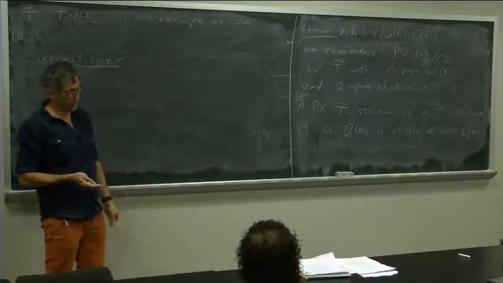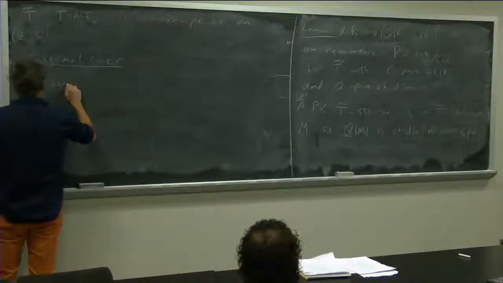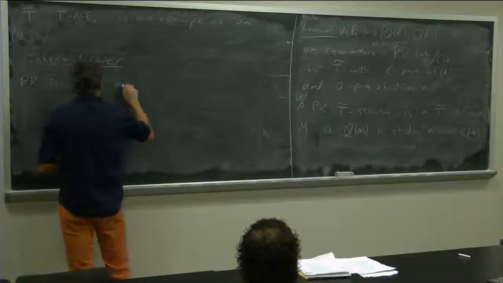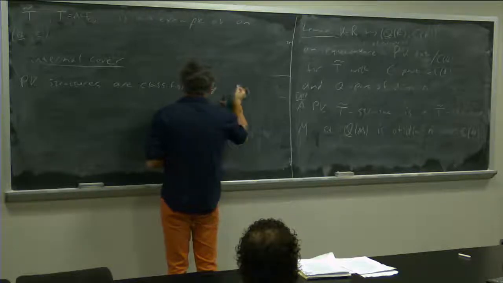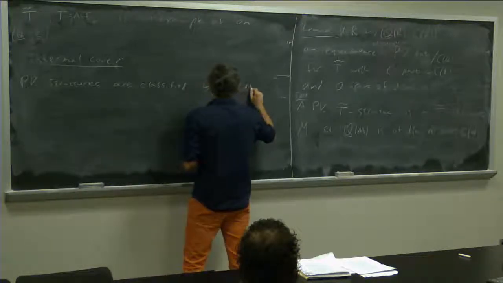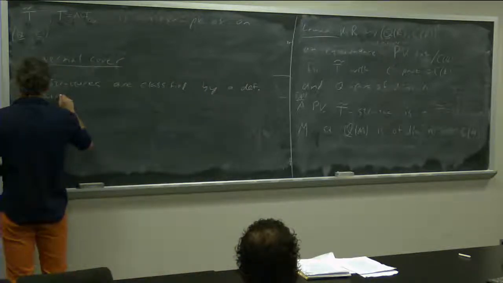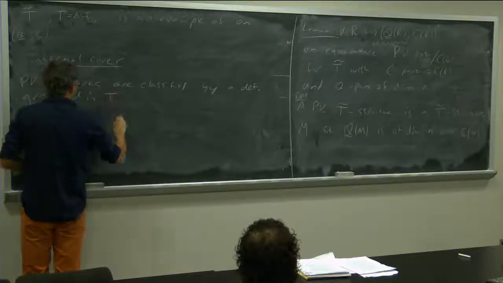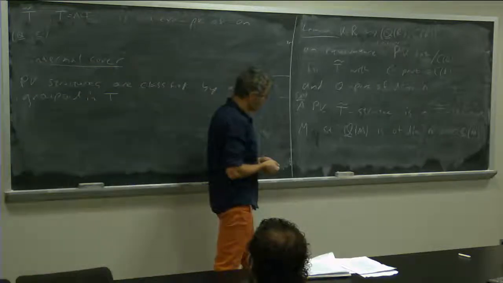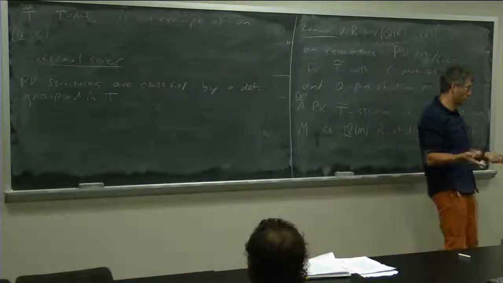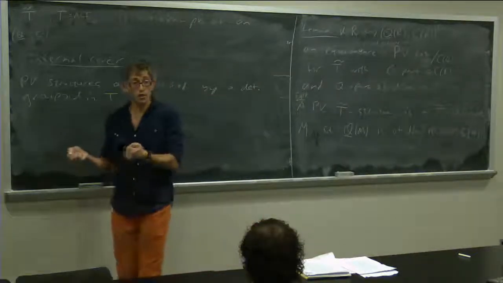And then the point is that these are classified by a definable groupoid in T. What I'm saying is not completely true, but essentially its objects are Picard-Vessiot structures.